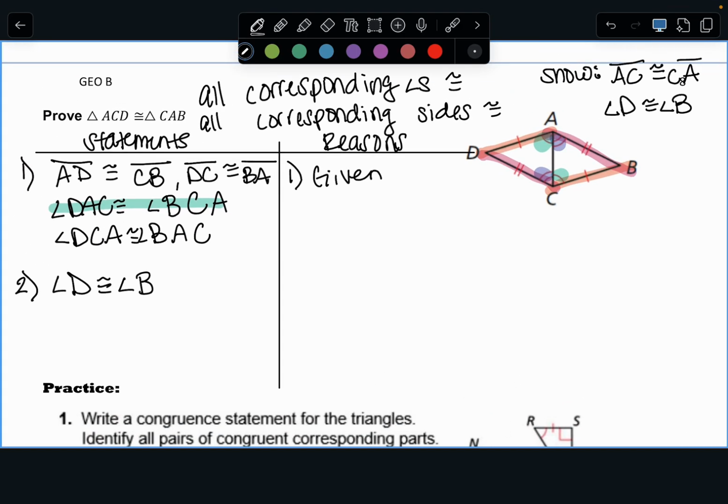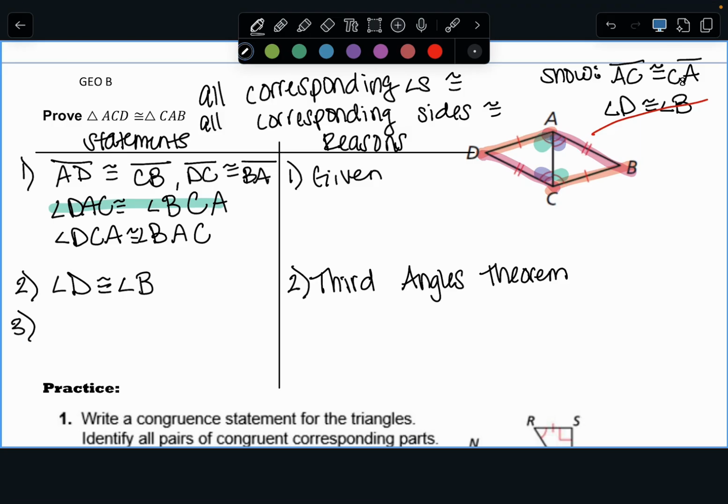That's written right here. So since those 2 angles are congruent, the third ones also have to be congruent. And that's my D and B. So by the third angles theorem, those 2 angles are congruent. So I handled my angles. Check. I have to handle my side.